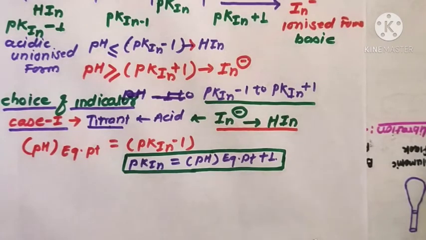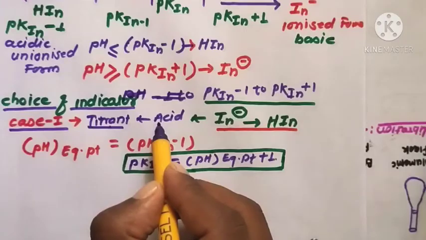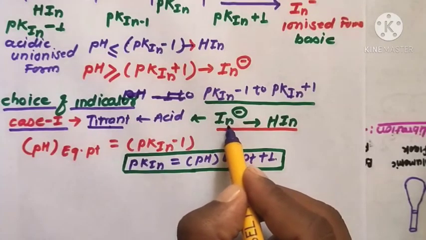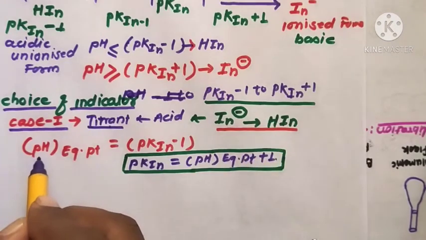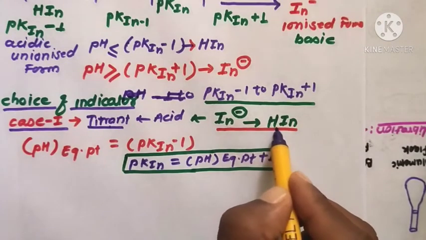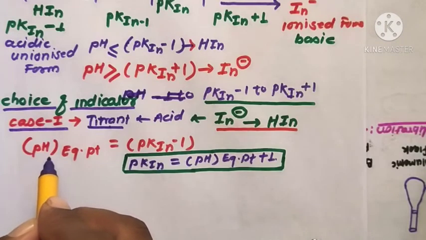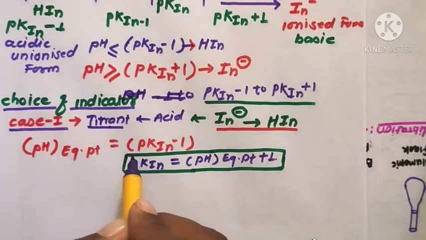Therefore, the color change will be from the color of the ionized, basic In minus form, to that of the unionized, acidic HIn form of the indicator.